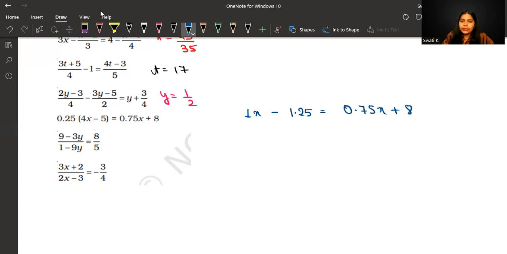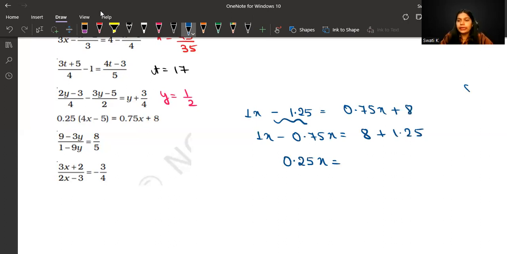Now what I'll do, I'll keep this 1x as it is and minus 0.75x, and here 8 as it is, and this minus 1.25, if I shift to the other side, it will become plus 1.25. Now if I subtract this 0.75x from 1x, it will simply become 0.25x. And here if I add this, it is simply 8.00, and this is 1.25.